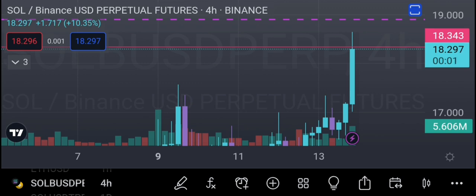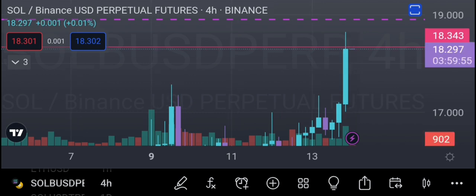If the trend has reversed, that retracement to the lower levels would give you a better entry for a third wave up, which essentially isn't the shortest wave and can be the longest wave. So that's my idea about Solana.